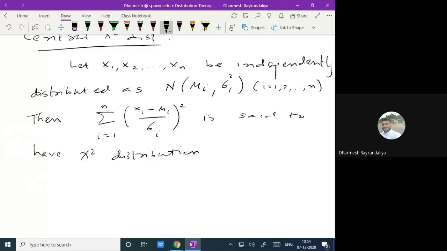How many such observations? Summation of n observations, therefore with degrees of freedom n. In notation, Y is distributed as chi-square with n degrees of freedom.